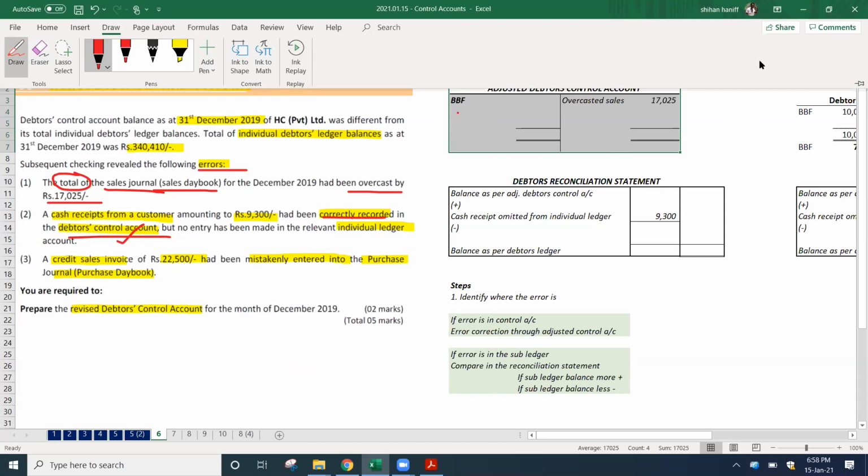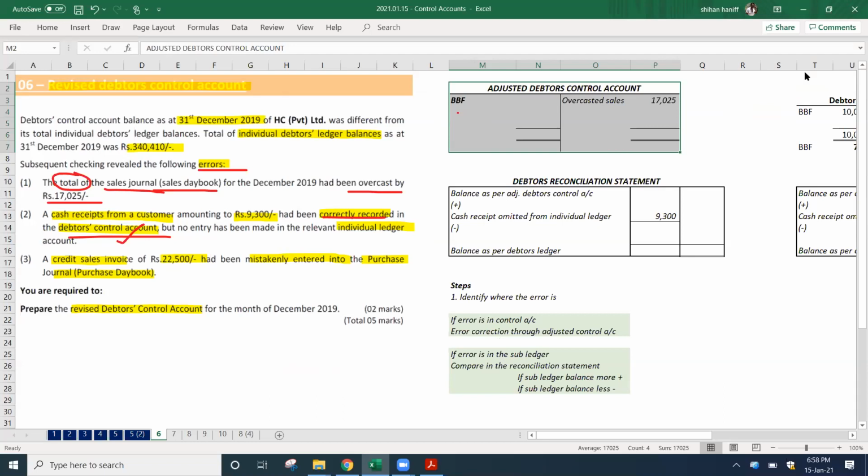Where does this affect? Control account or individual account or both? This will affect both because the invoice itself is wrong.